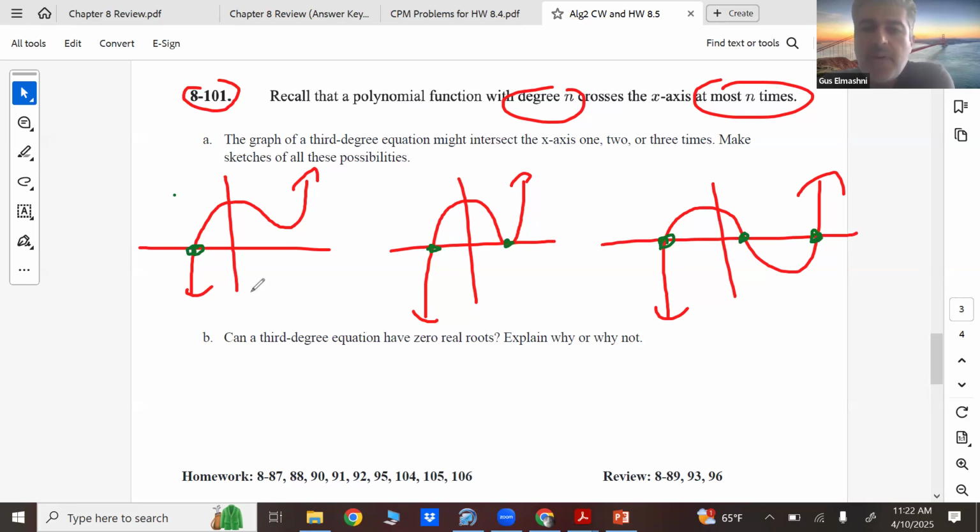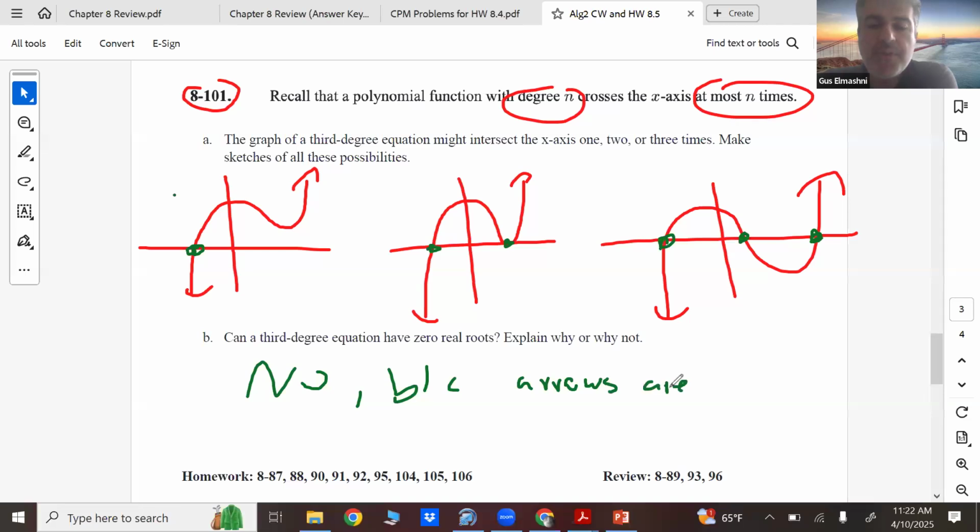Now, this is the big question here. Can this have no x-intercepts at degree 3? No. Why not? Think about the arrows. That's true too.